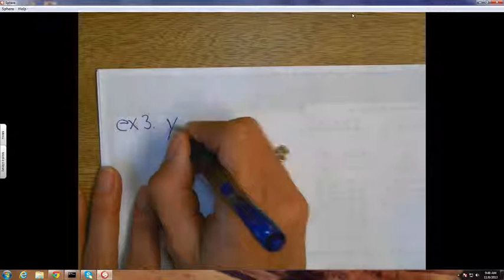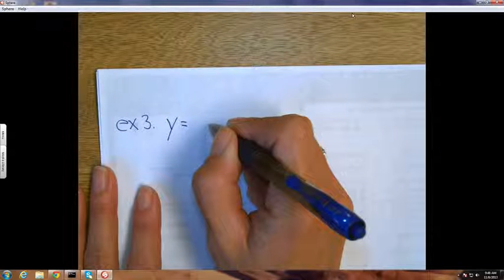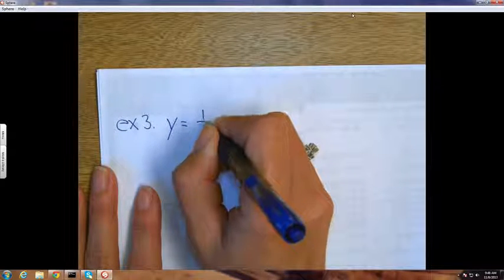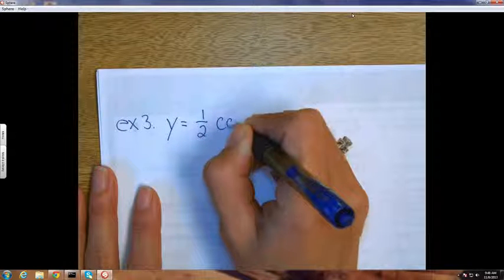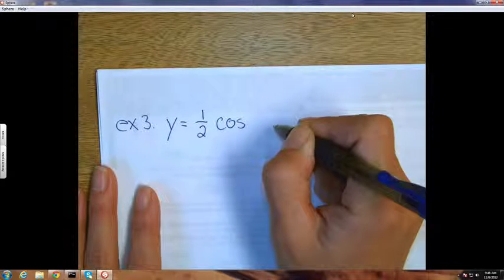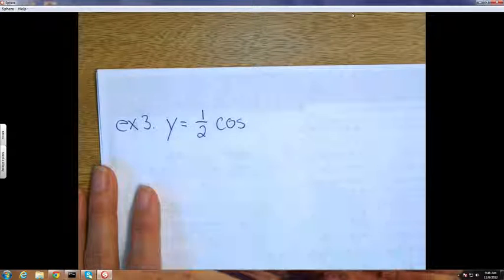Okay, I got to get one that doesn't land on the origin. That one does. Well, this one doesn't. That's nice. Okay, y equals 1/2 cosine. I want a number in there. I better not, it won't work out.